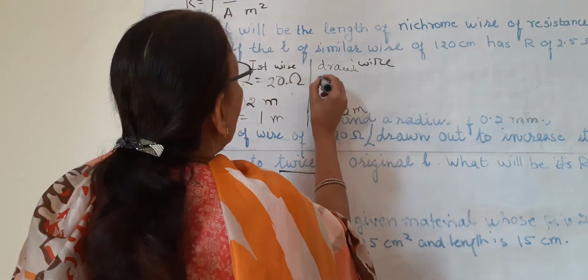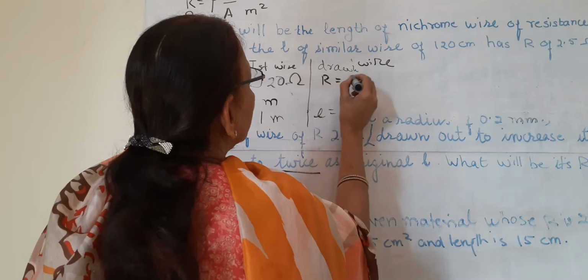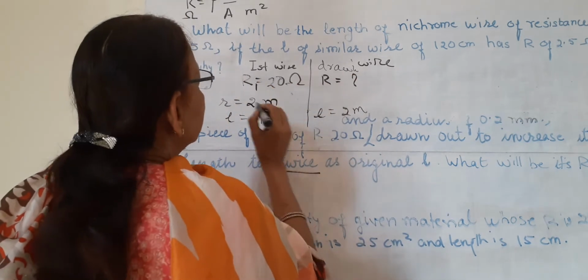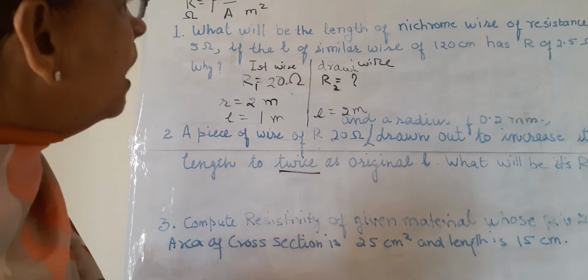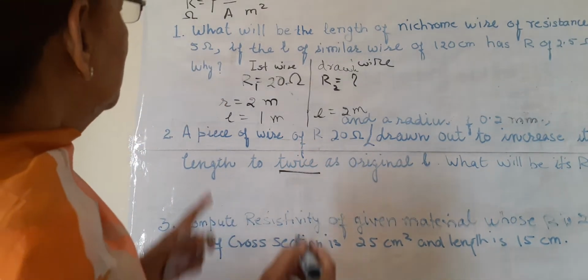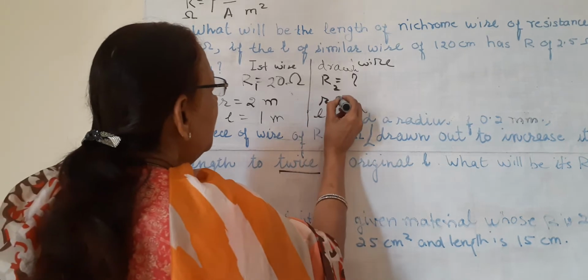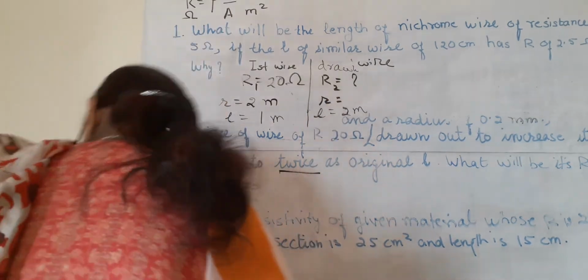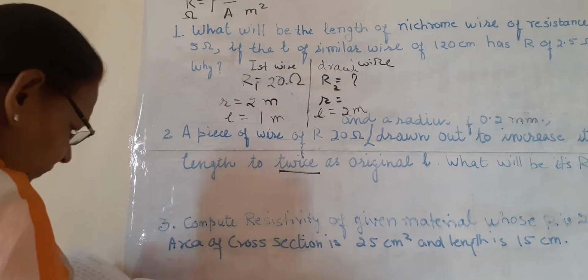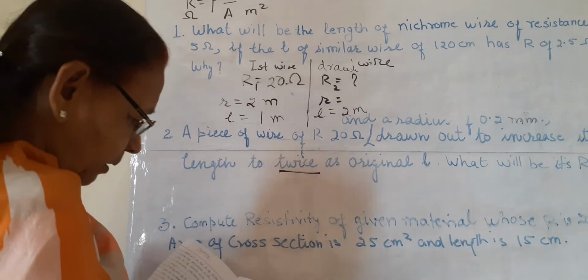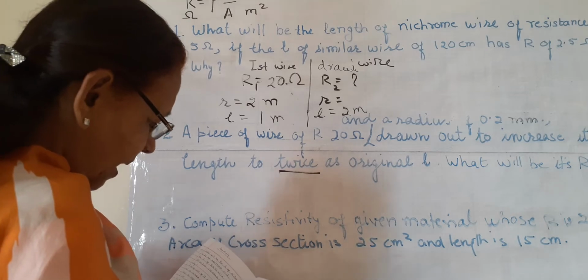What is R now? Suppose first the R was R1 and now the R is R2. So what will be the radius now? Radius will be half.